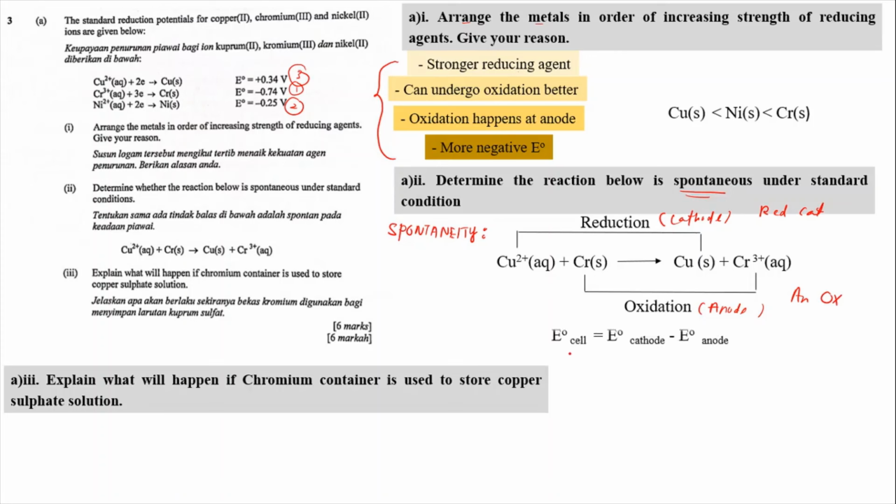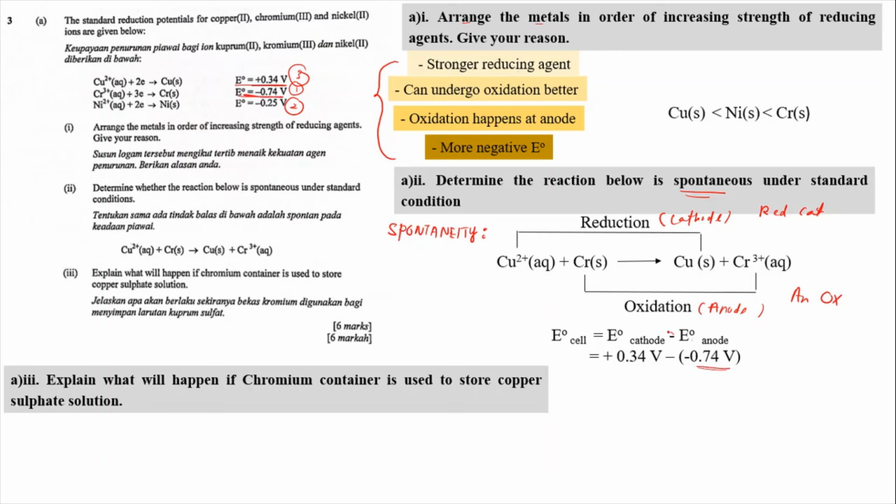In order to determine whether it is spontaneous or not, we need to find our E naught cell. Our E naught cell is equal to E naught cathode minus E naught anode. Our E naught cathode, which is the copper 2+ to copper, we take the SRP value, which is positive 0.34, and the anode is Cr to Cr3+, so we take the SRP value, which is negative 0.74.